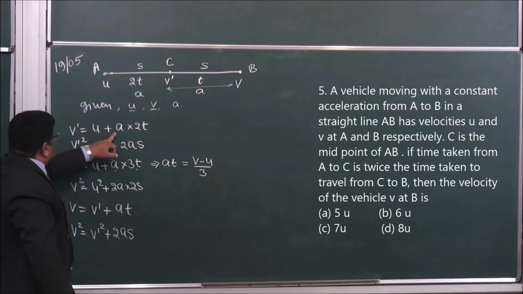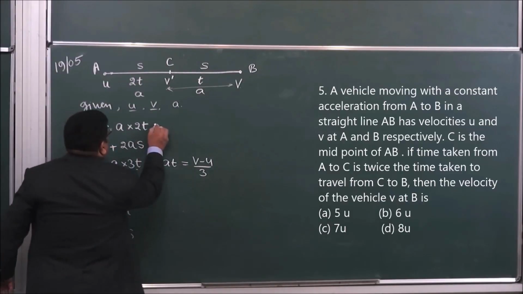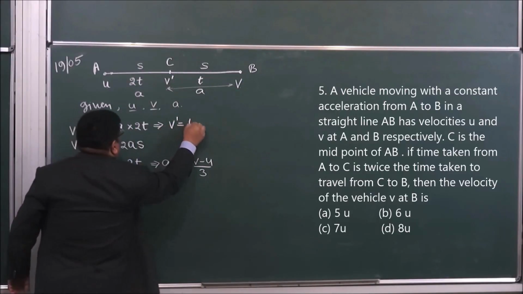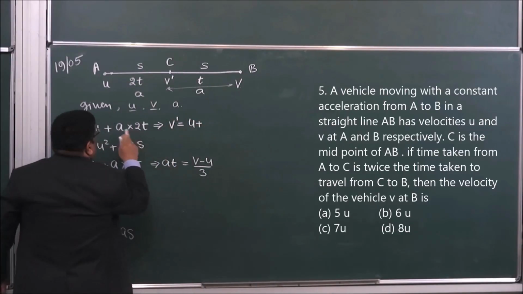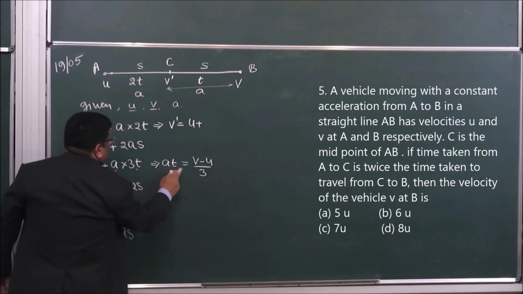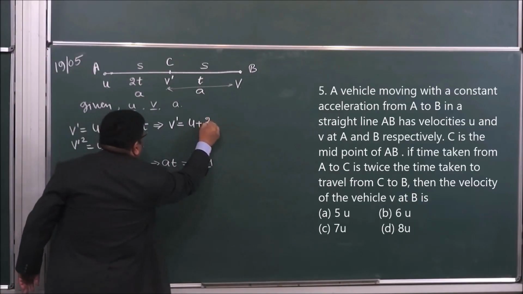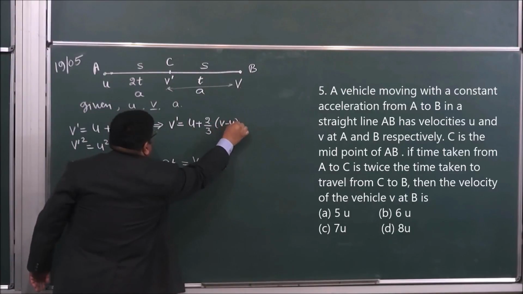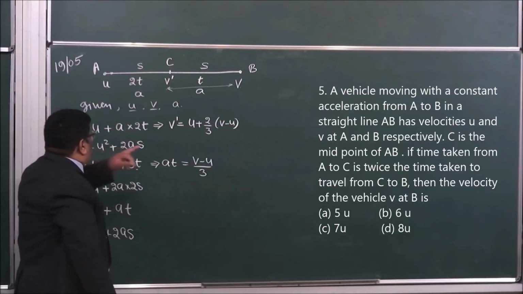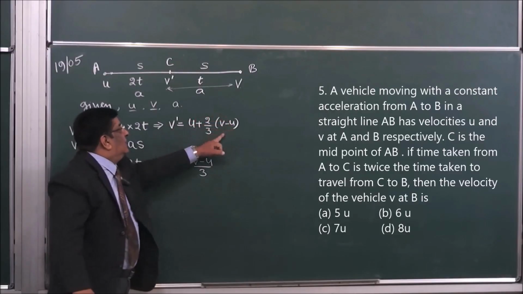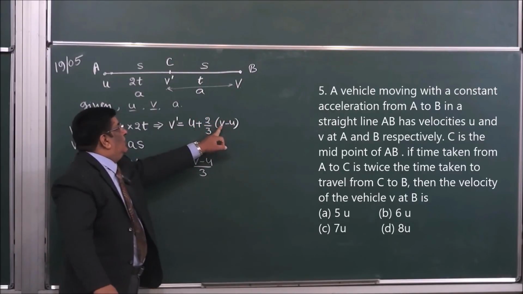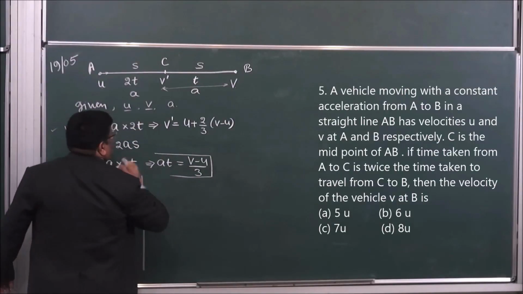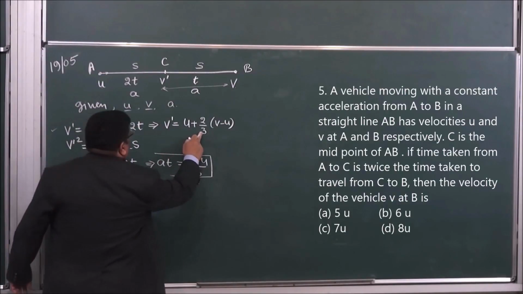If I put that here, then v dash is equal to u plus 2at. This is equal to at, so 2at will be 2 upon 3 into v minus u. Now v dash is equal to this u. We have to eliminate the 3.